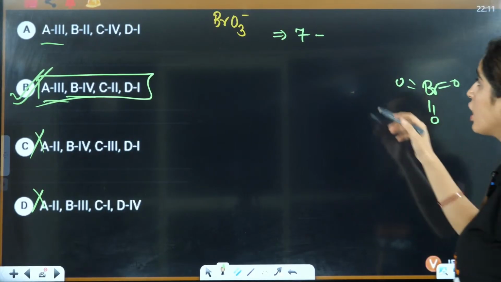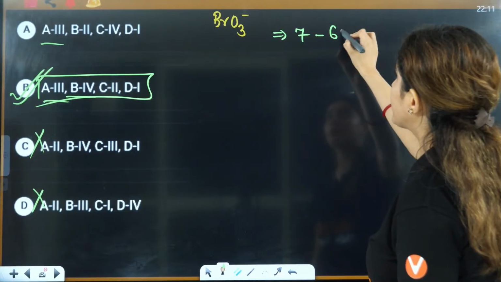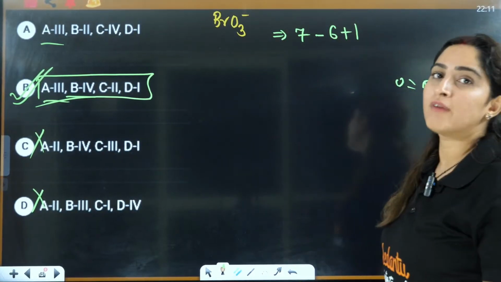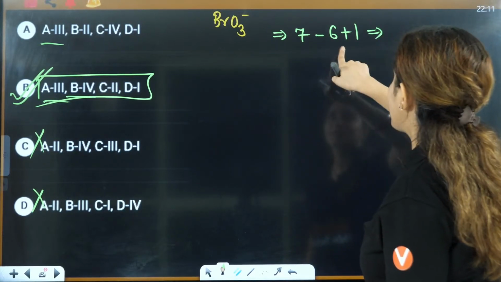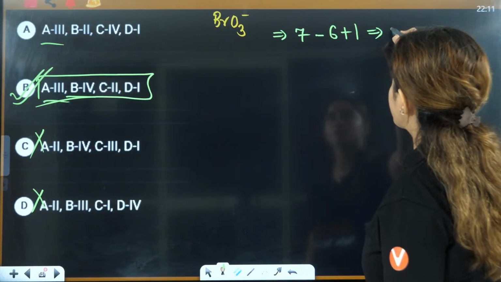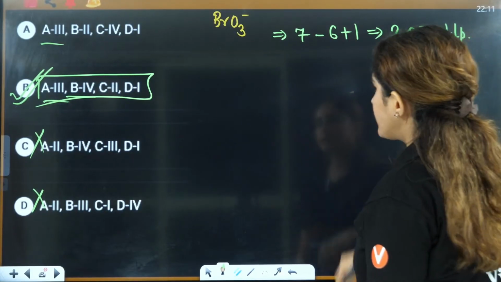So it will be minus 6, and we are going to add 1 also here, because a negative means it will gain 1 electron. So I am going to add 1 here. So it is going to be 7 minus 6, that is 1, 1 plus 1, that is 2. 2 electrons means 1 lone pair will be there, right?